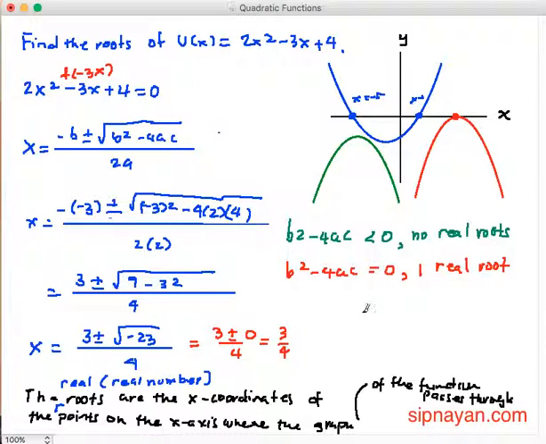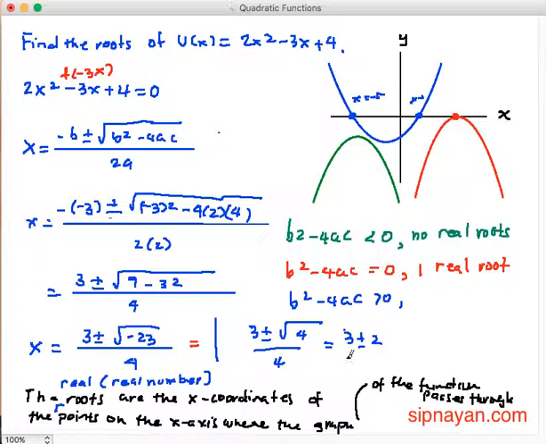Okay? What about when it is positive? So, b squared minus 4ac is greater than 0. There are only three cases, right? Less than 0, equal to 0, and greater than 0. To make it easy, let's use a perfect square. Another example: 3 plus or minus the square root of 4 over 4. The square root of 4 is 2, so it becomes 3 plus or minus 2 over 4.